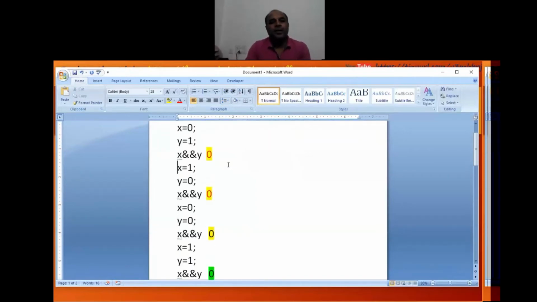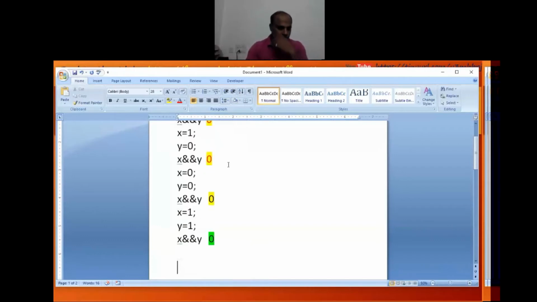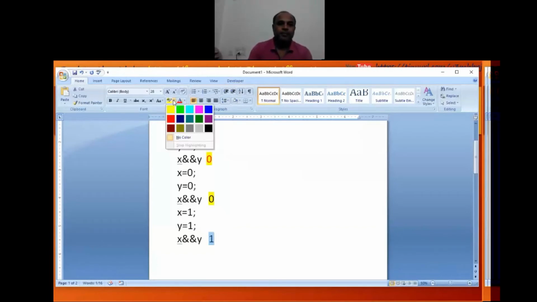Whenever there is a 0 on the left or right side of the logical AND operator, it will give you output 0. Only when both are true will it give me 1. You understand this?